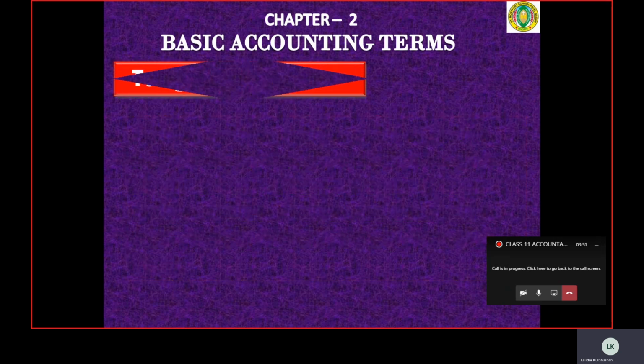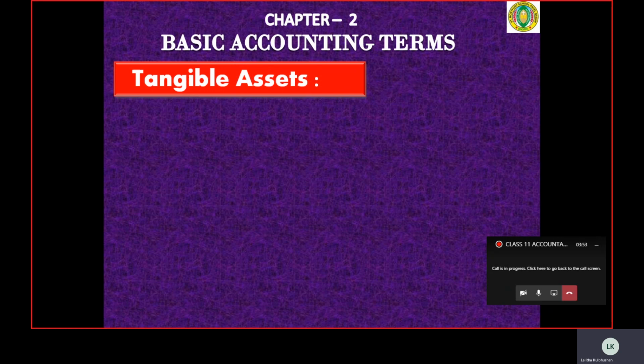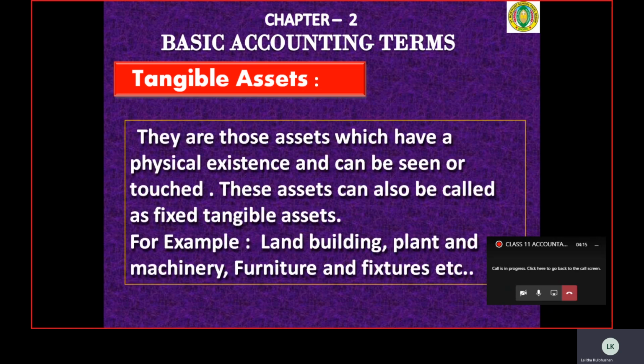Now the next category under the classification of the fixed assets which we are going to discuss is the tangible assets. Children, tangible basically means something which has physical existence, something which can be seen or touched.